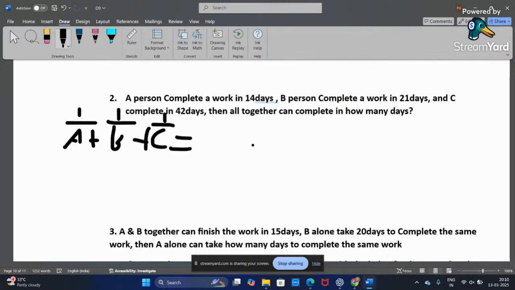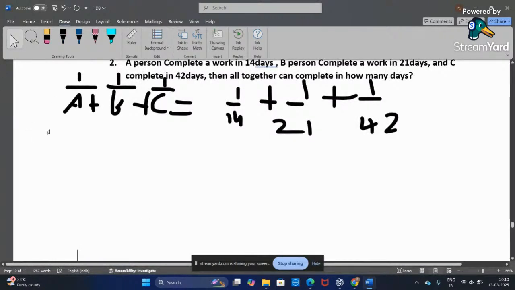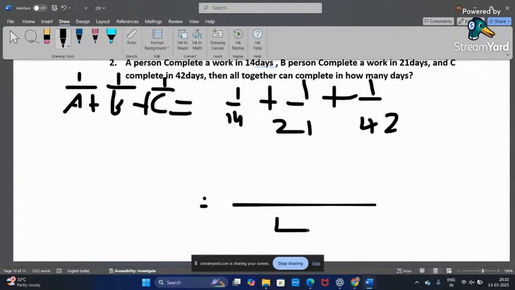So here the values are 1 by 14 plus 1 by 20 plus 1 by 42. For this, the LCM is how much? 42. For this, the LCM is 42. 14 3s are 42, 21 2s are 42, 42 1s are 42.